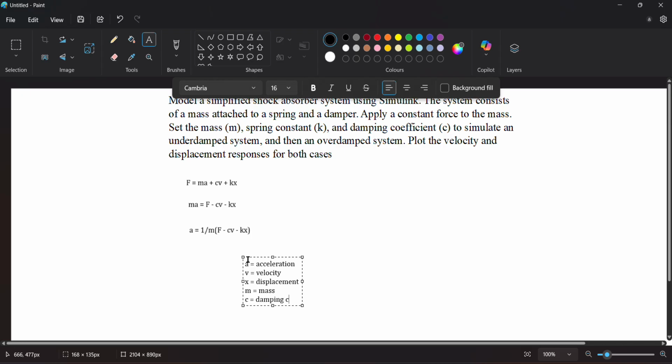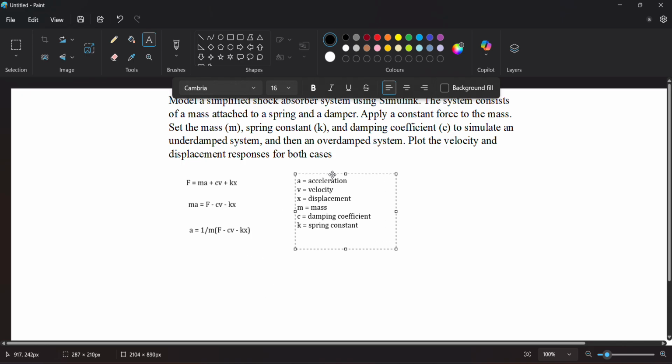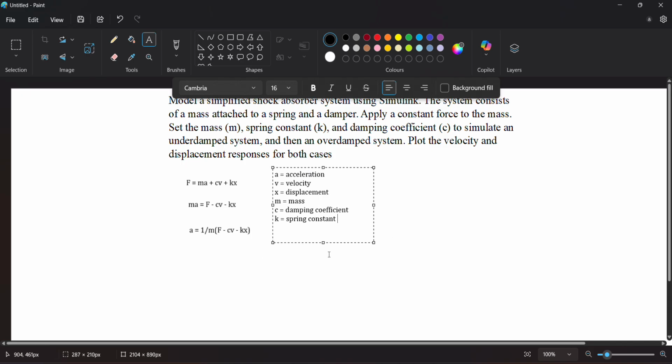This is an important term because how much the spring gets damped depends on this damping coefficient. And k is the spring constant. So these are the variables and constants present in our equation. So we will be using these.